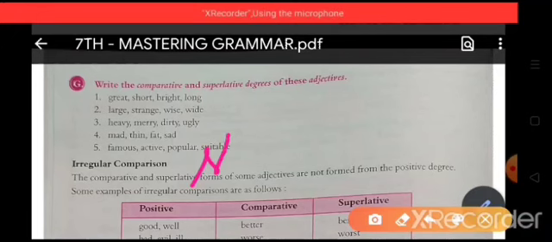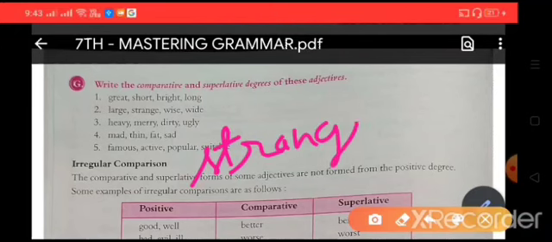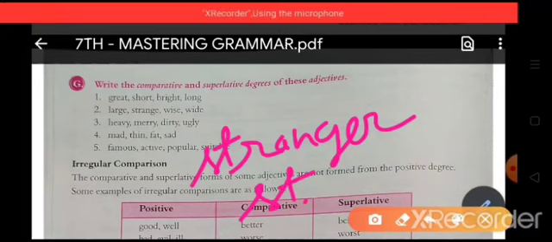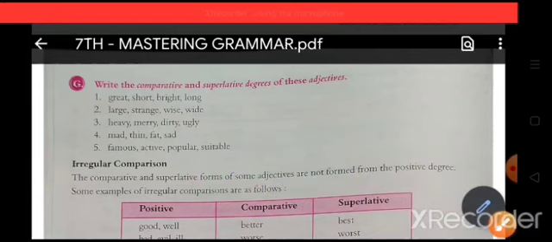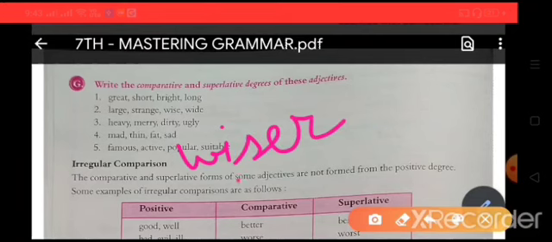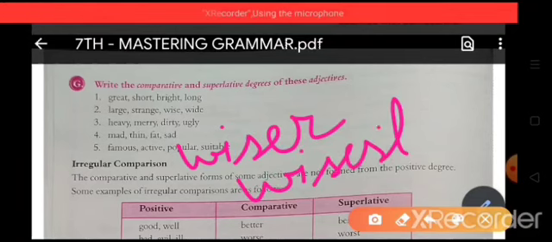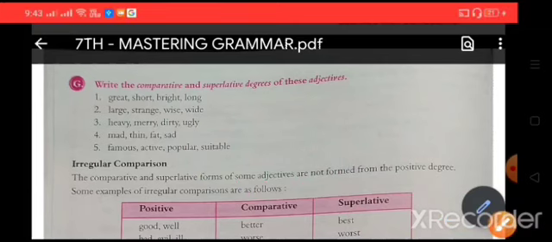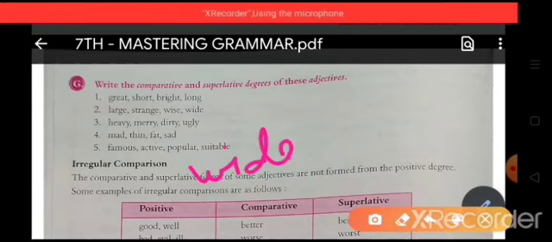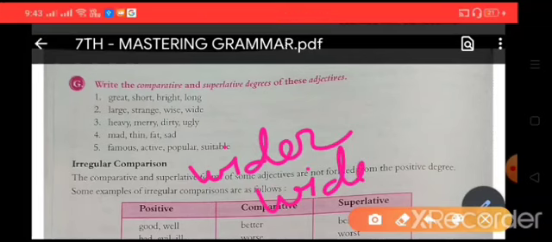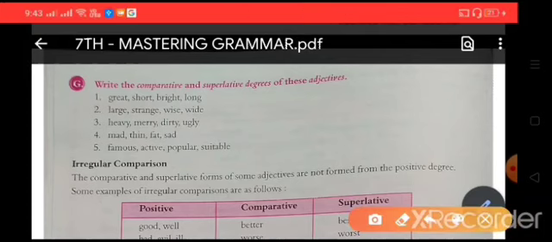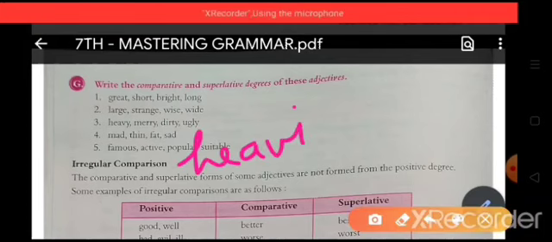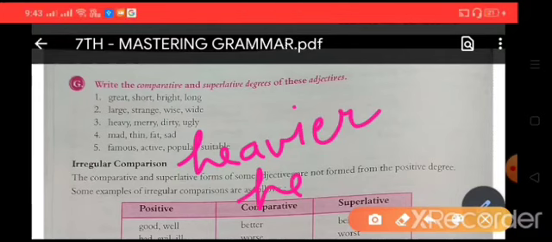Strange, stranger, strangest. Wise, wiser, wisest. Wide, wider, widest. Heavy, heavier and heaviest.